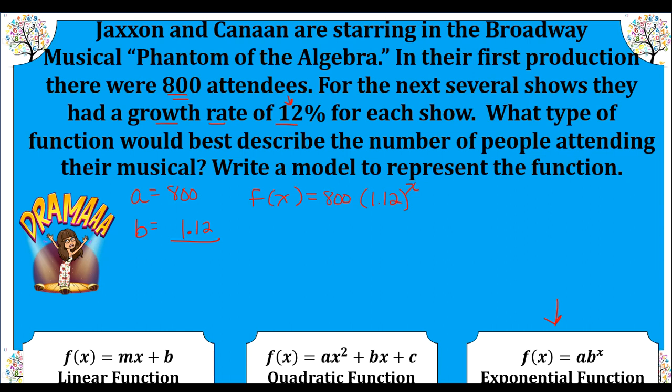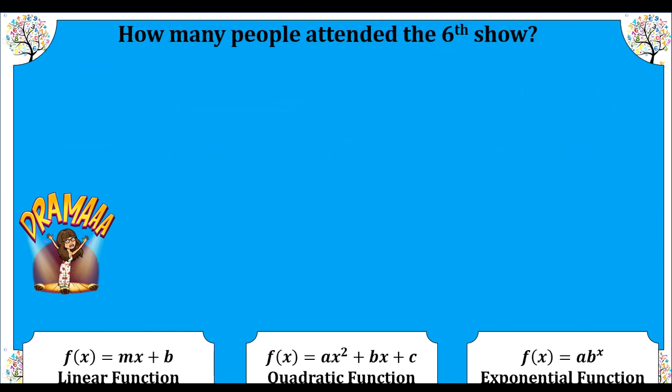Now we're going to talk about what the X represents in our next slide. So our function, 800 people. After the first showing, it grows 12%. So let's talk about what the X represents. When X equals 0, you know that anytime you have an exponent that's 0, that gives you 1.